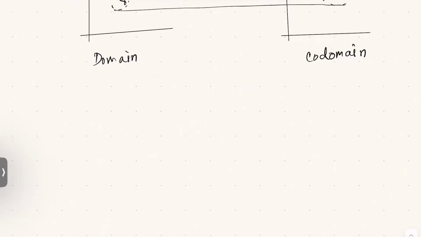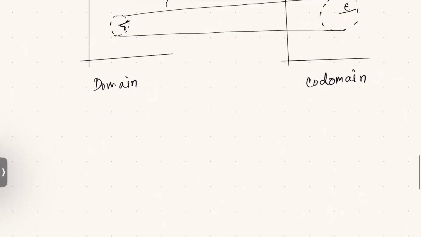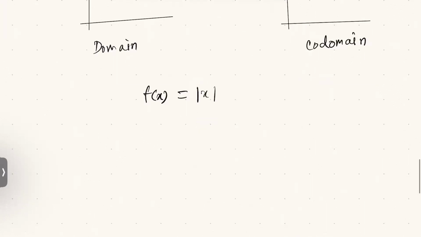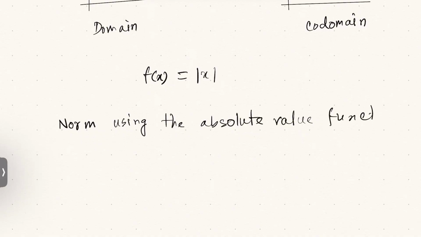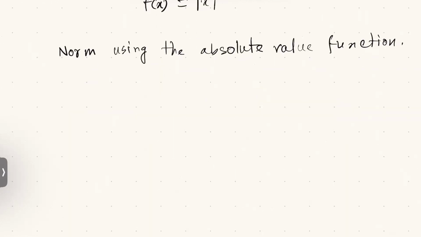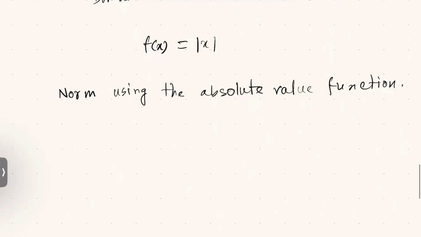Okay, so now this absolute value function, we can define a norm using it. The norm has certain properties, but to define a norm, first we need a vector space.